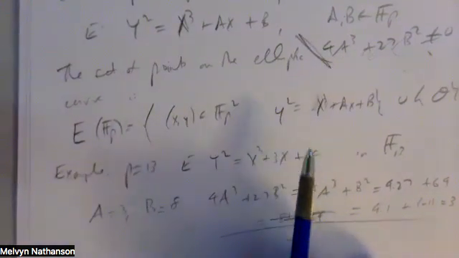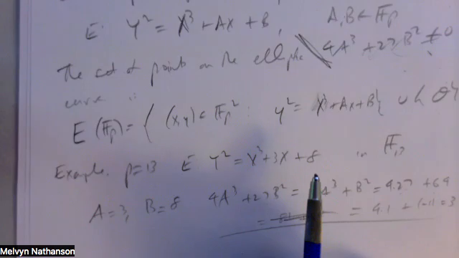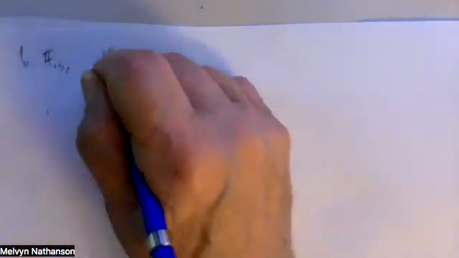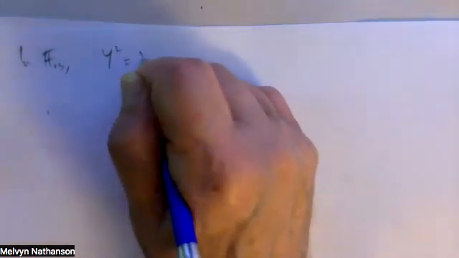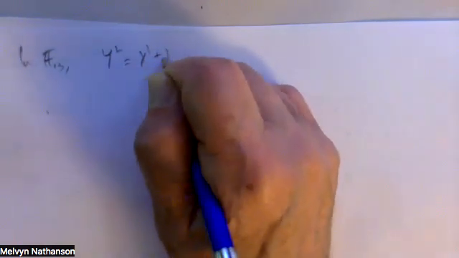So what are the points on the elliptic curve? Well, we have to calculate mod 13. So in F13, looking at the curve, y squared equals x cubed plus 3x plus 8.